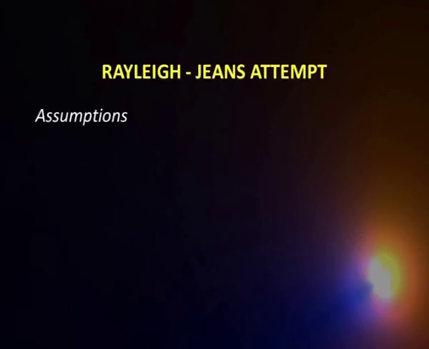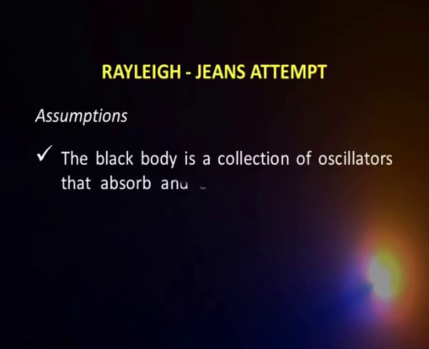The next serious effort was made by Lord Rayleigh, later slightly modified by Jeans. Lord Rayleigh assumed the black body to be a collection of oscillators, that is, the atoms and molecules constituting the object are visualized as oscillators that can absorb EM radiation of all possible frequencies. In classical mechanics, energy is continuous.